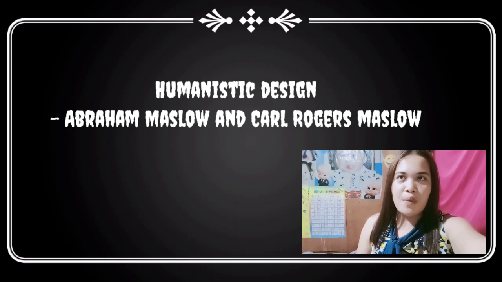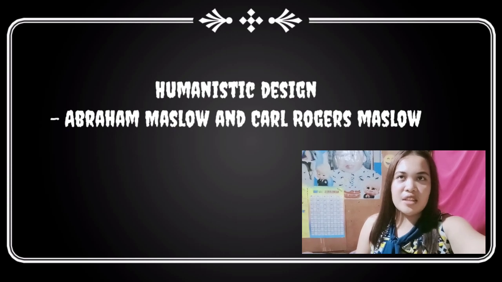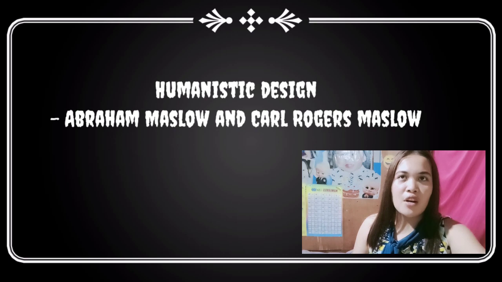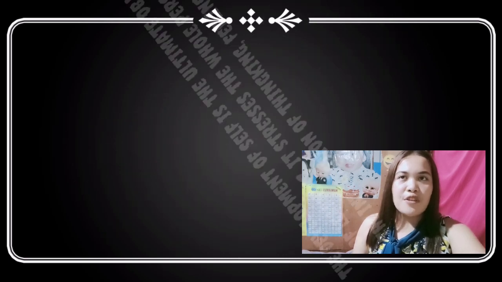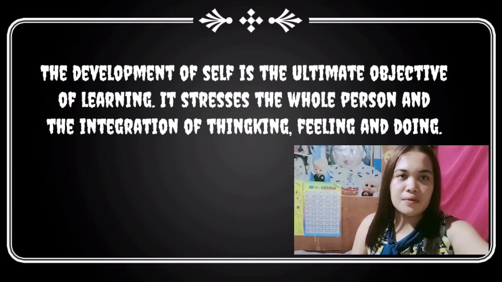The example of learner-centered is the humanistic design. According to Abraham Maslow and Carl Rogers, the development of self is the ultimate objective of learning. It stresses the whole person and the integration of thinking, feeling, and doing.